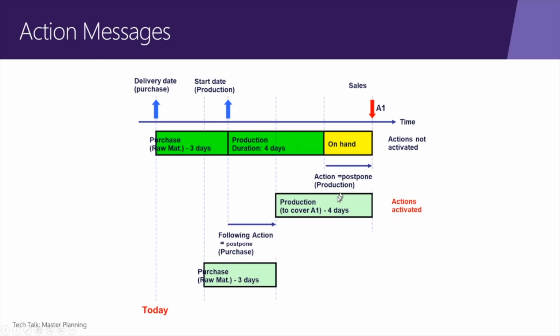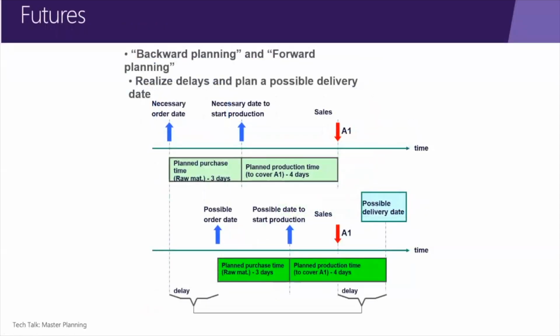It's saying, why produce this in advance? Let's delay this production order by this much time, and also delay this purchase, so we are not holding finished good inventory on hand for a longer time. That's what action messages help us do.